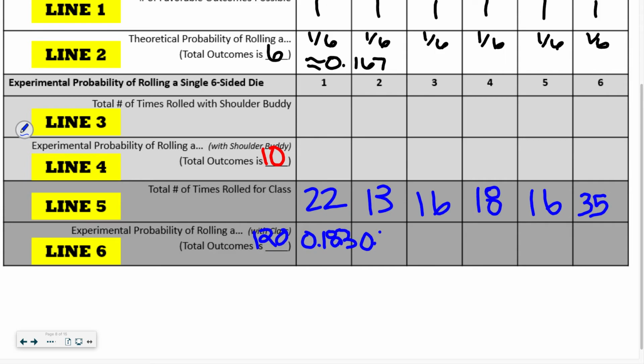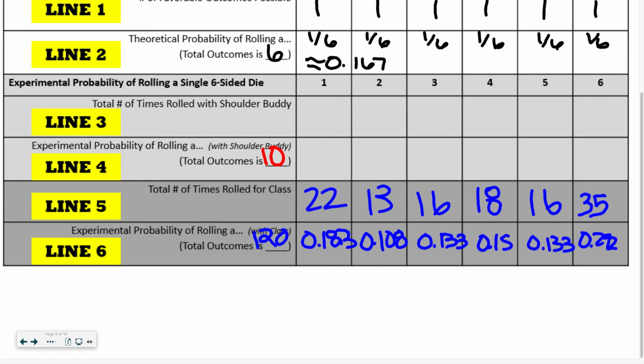This one is 0.108. This one is 0.133. This is 0.15. This one, of course, is 0.133. And then I really can't believe this is 0.292. Maybe there is something wrong with my dice.